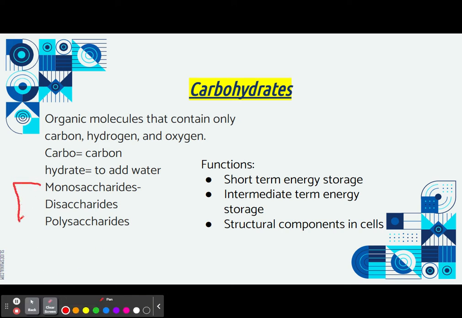They come in 3 distinctions. Monosaccharides are the monomer unit, and polysaccharides are the big ones. Carbohydrates' big function is energy: energy storage, energy release. Sometimes carbohydrates are structural components in cells, such as cellulose, chitin, and those things. We're going to get specific, so get ready.